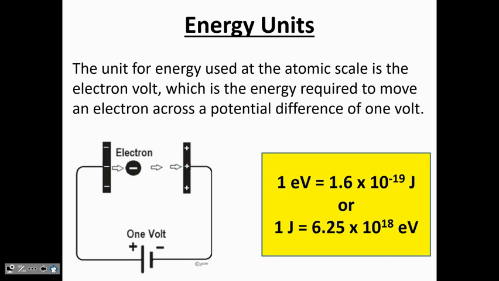So the unit for energy used at the atomic scale is the electron volt, which is defined as the energy required to move an electron across a potential difference or voltage of 1 volt. 1 electron volt is equal to 1.6 times 10 to the negative 19 joules, or if you wanted to flip that around, 1 joule is equal to 6.25 times 10 to the 18 electron volts.